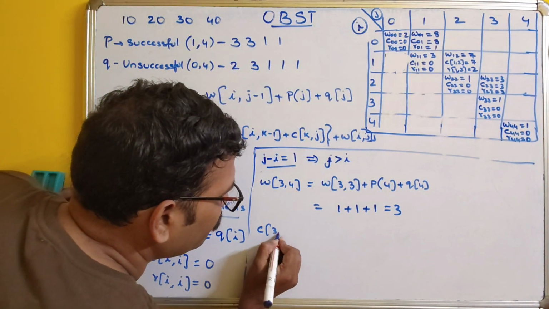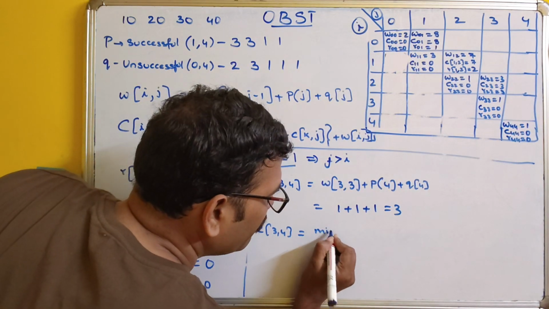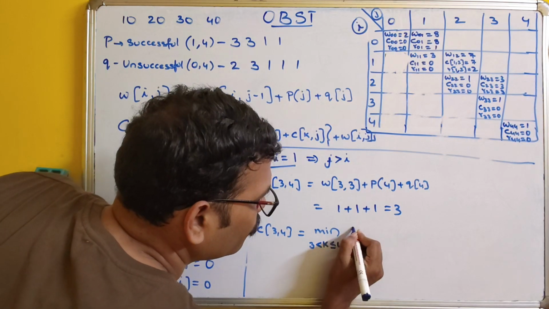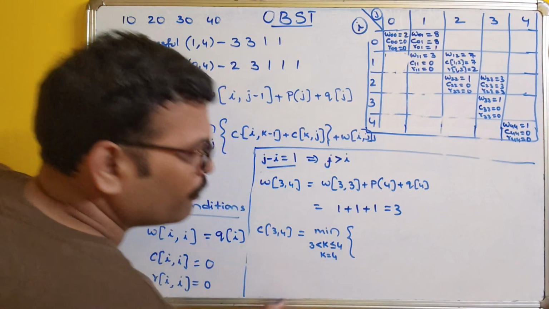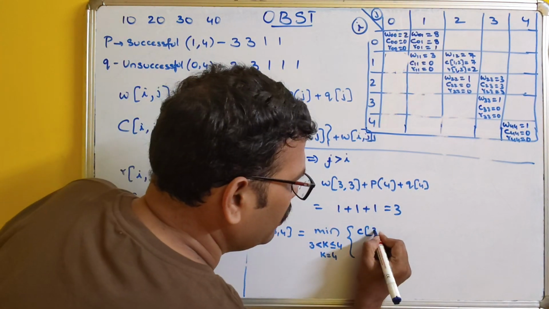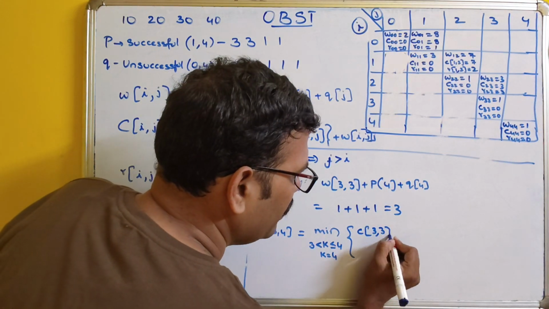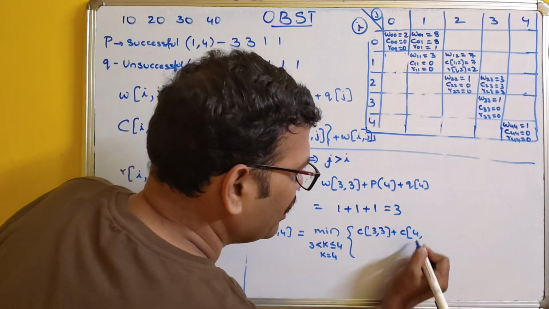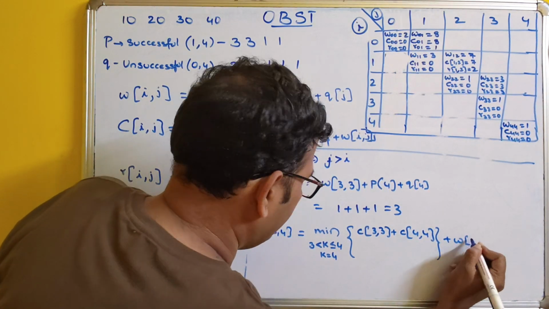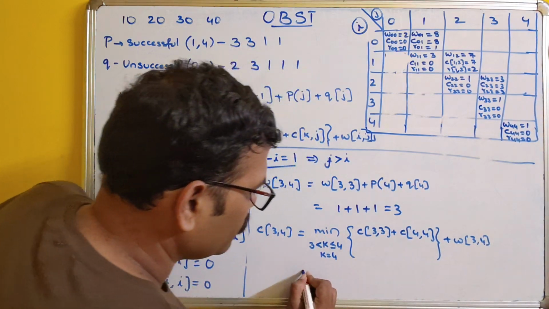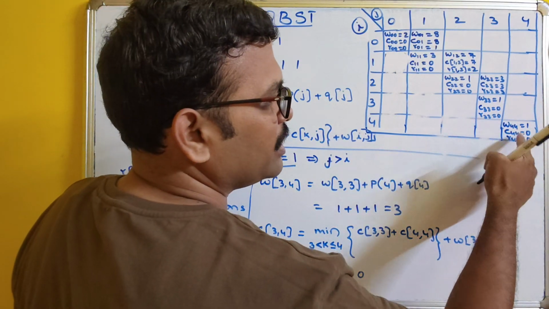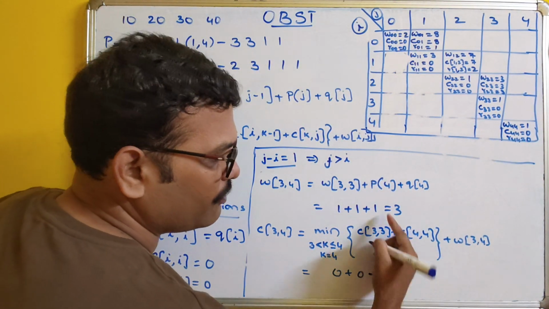And the cost of 3 comma 4 will be the minimum of C of i comma k minus 1 plus C of k comma j plus W of i j, where 3 is less than k less than or equal to 4. So the k value holds only 4. So that is C of 3, 3 plus C of 4, 4, which is 0 plus 0, plus W of 3, 4, which is 3.